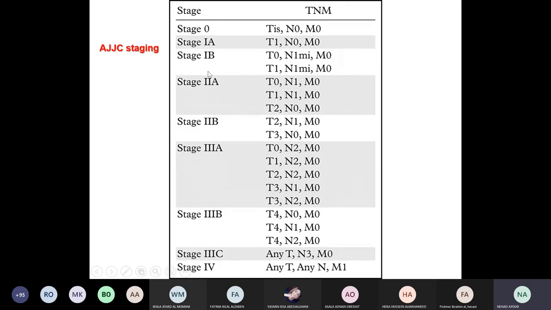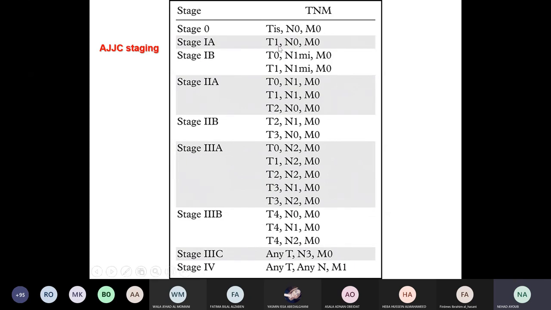Each stage 1, 2, 3 is subdivided into sub-stages. For example, stage 1 has 1A and 1B, stage 2 has A and B, stage 3 has A, B, C. And after stages 1, 2, 3, there is stage 4.